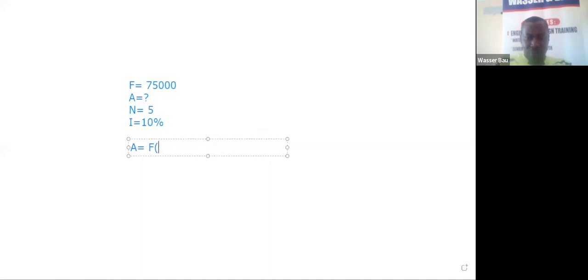This is just a representation, at a particular interest rate and at a particular number of years. Everything in brackets can be read from the interest table. So if I go to the interest table, what do I do when I get to the interest table?